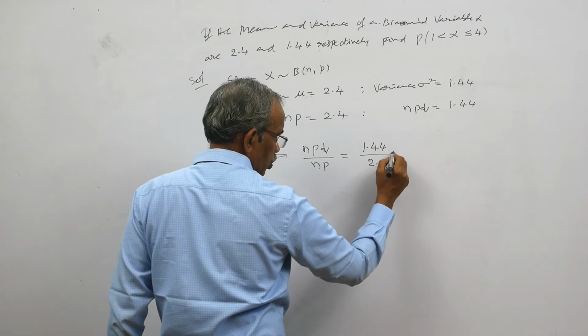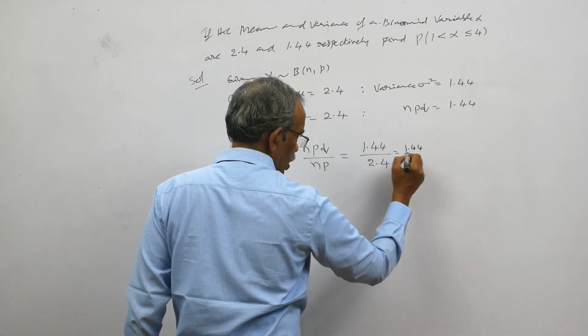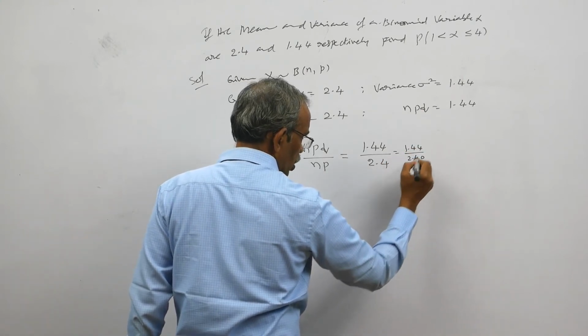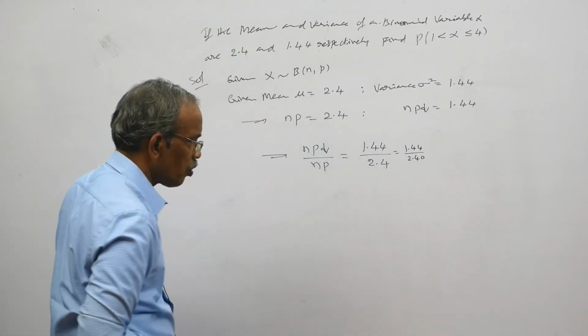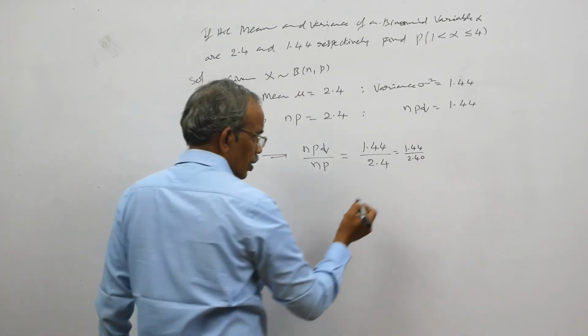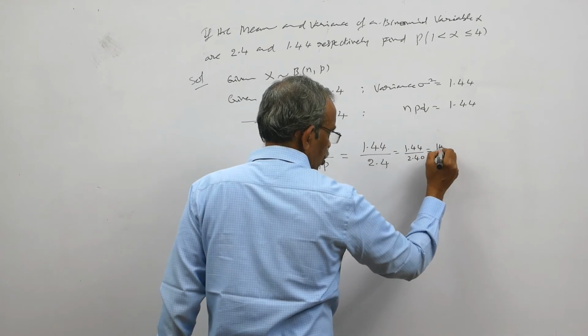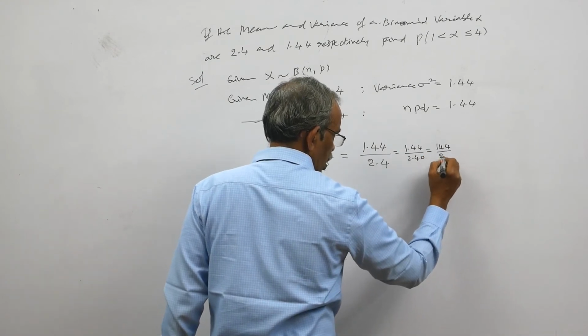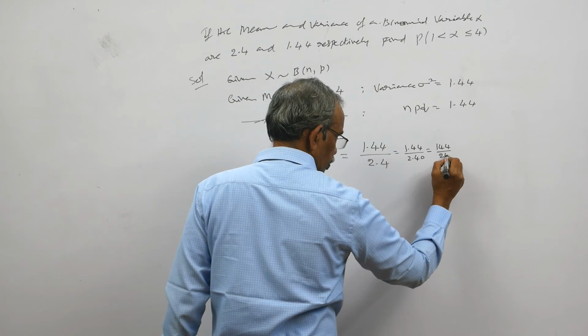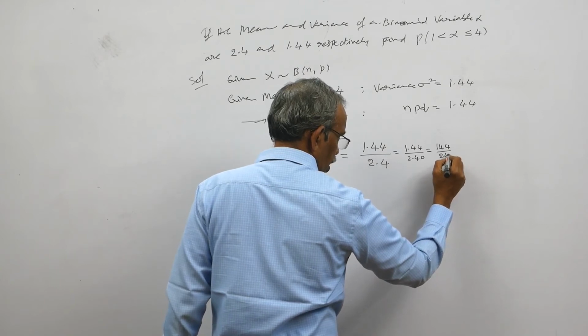1.44 by 2.4. This may be written as 1.44 by 2.40 or 2.4. This is equal to 144 by 240.